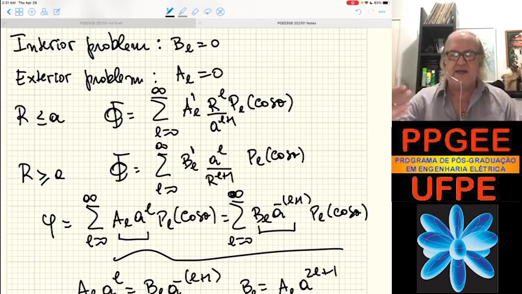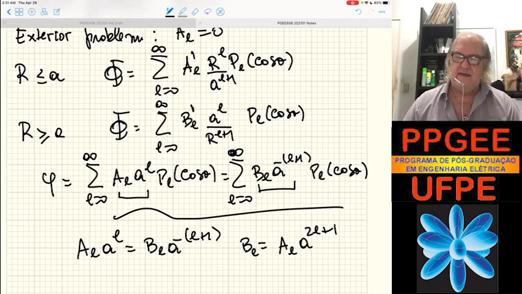If I make this little change, you notice that the structure of this ratio is the same. It is the L power in the numerator and the L plus 1 power in the denominator, right? The only thing is that we invert the positions of r and a.